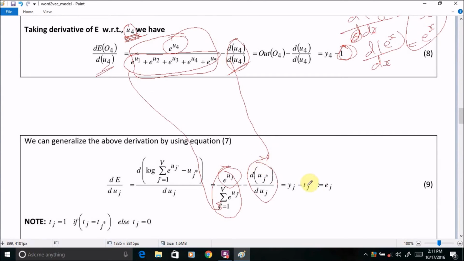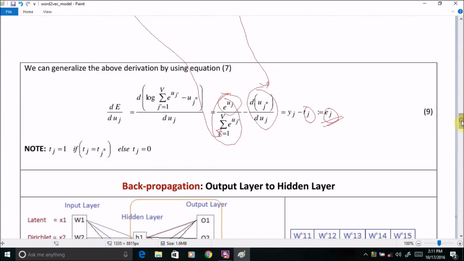We can represent this part as Tj, and the entire error is equivalent to Ej. Now we have two cases. The first case is Tj is equal to 1. So Tj will be equal to 1 when our node j represents the actual output word, and it means Tj equals Tj star. Otherwise Tj will be equal to 0.